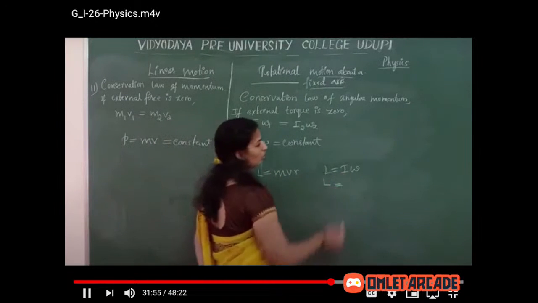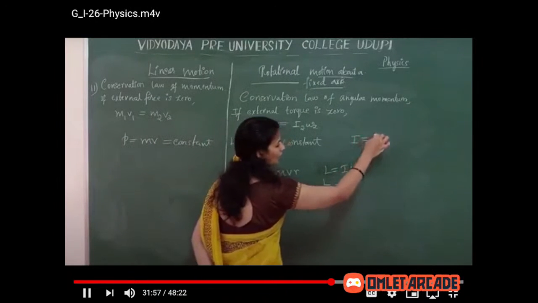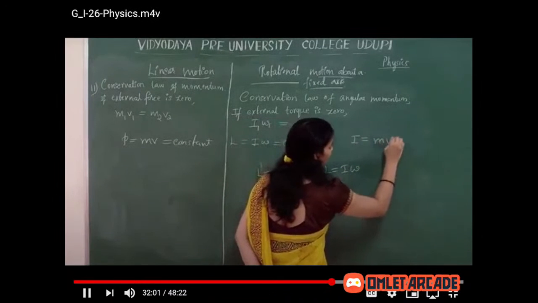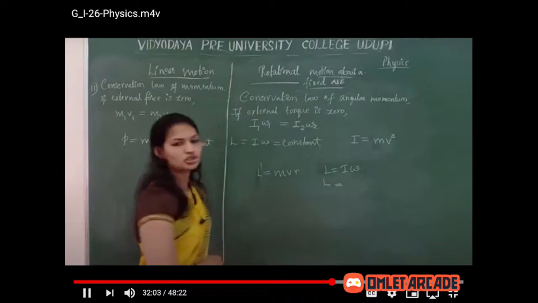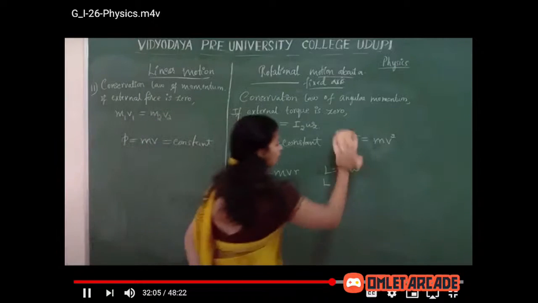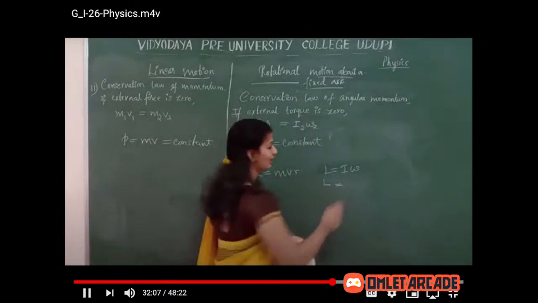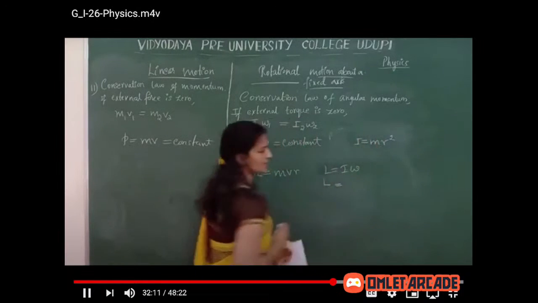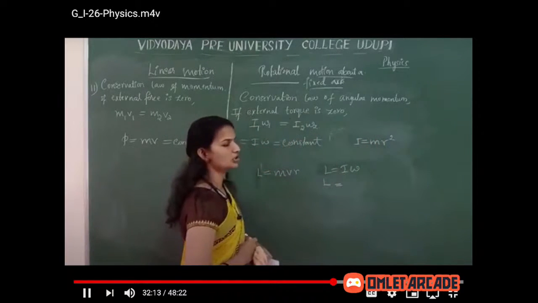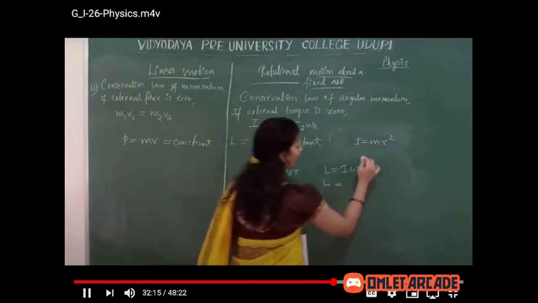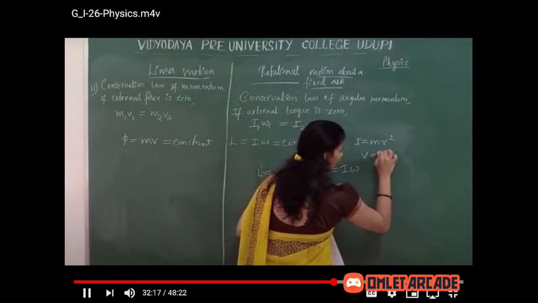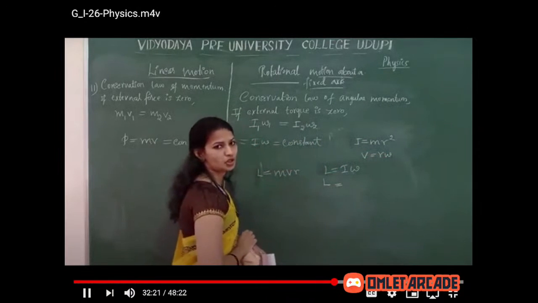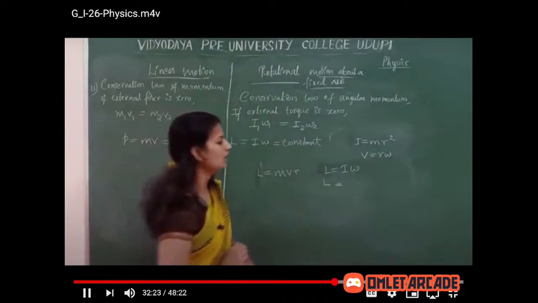How? We know the moment of inertia I is equal to mr square, isn't it? And v is equal to r omega. We already studied this expression.